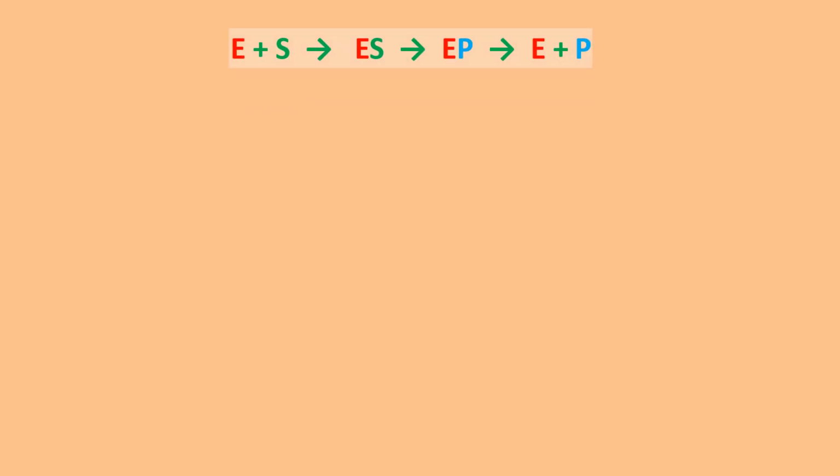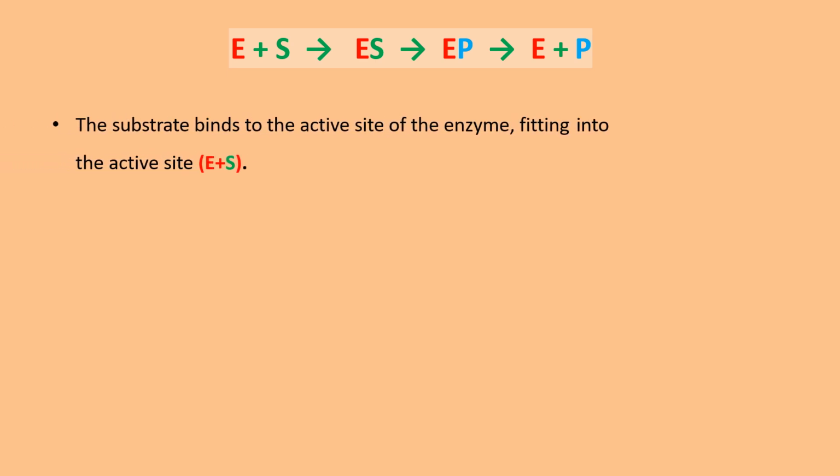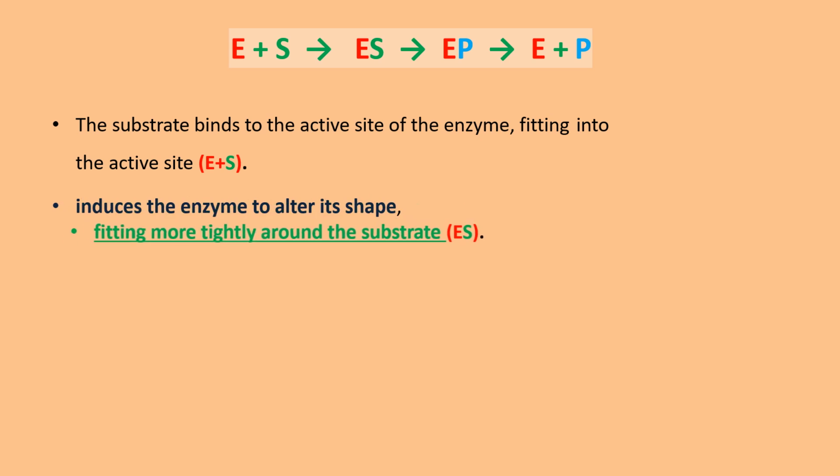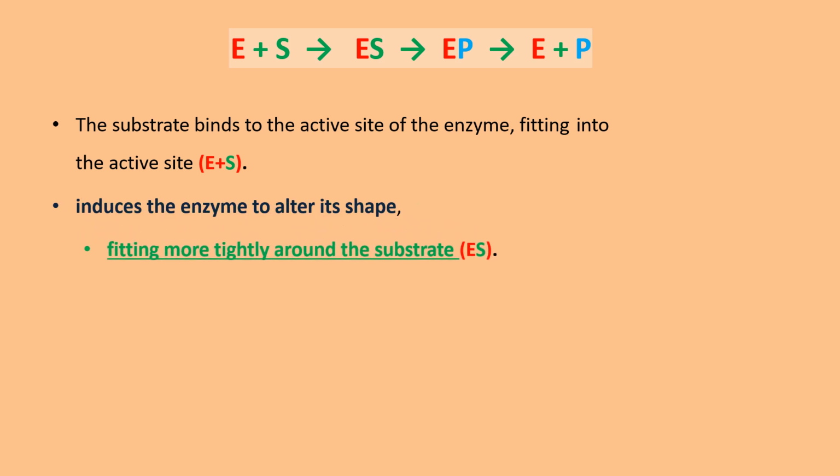E plus S, that is enzyme plus substrate, forming the enzyme substrate complex, then the enzyme product complex, and releasing the enzyme plus product. The substrate here binds to the active site of the enzyme, fitting into the active site. So we have E plus S, which induces the enzyme to alter its shape. Then the fitting actually has to take place more tightly around the substrate.